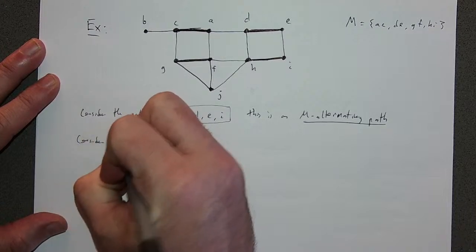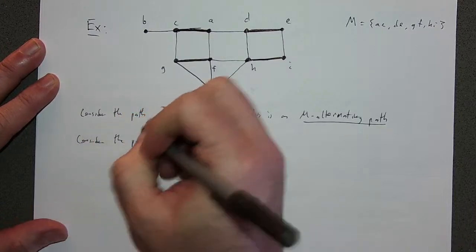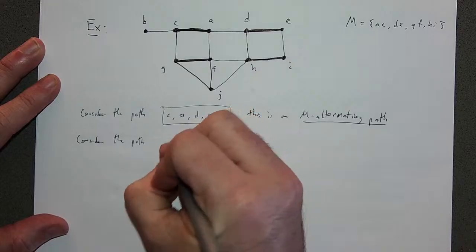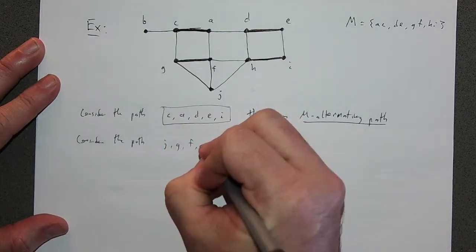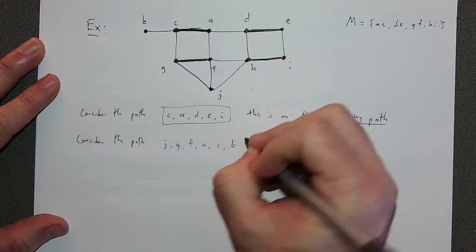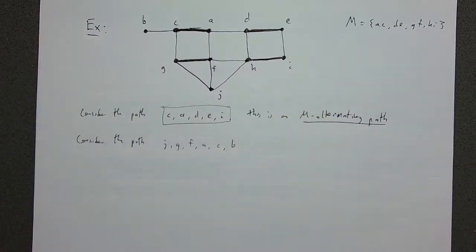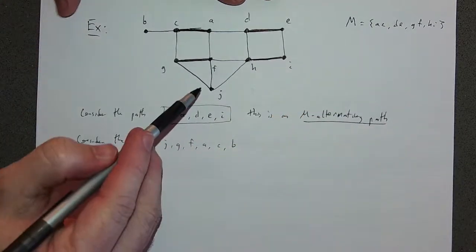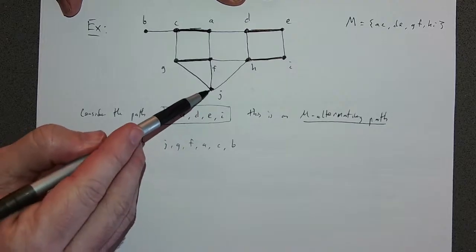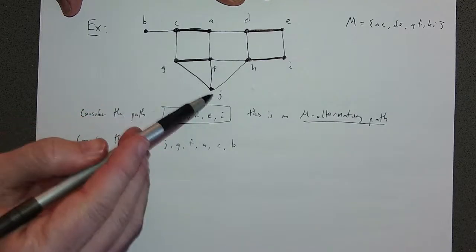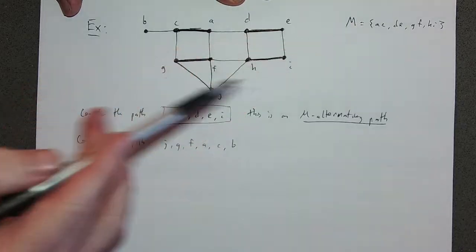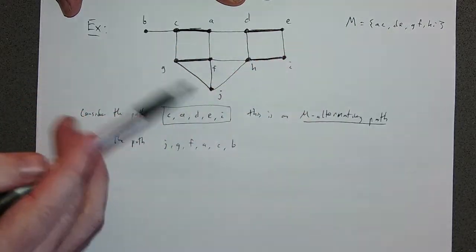Consider the path J, G, F, A, C, B. So begin at J, go to G. That's not an edge in M. Okay.